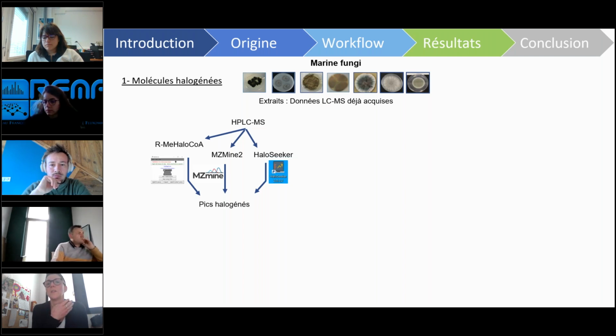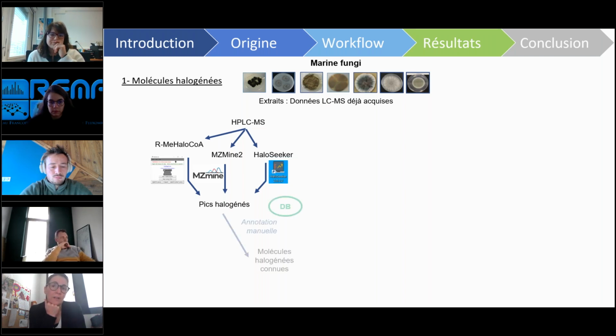So we used the MiAllocross script that was already developed and used in the lab, but we also used Enzymine, that you probably already know, which is a peak picking tool to get the peaks from HPLC-MS data. And we also tried HaloSeeker, which has been developed in Laberca with Yann Guiton and Ronan Cariou, also to highlight halogenated molecules.